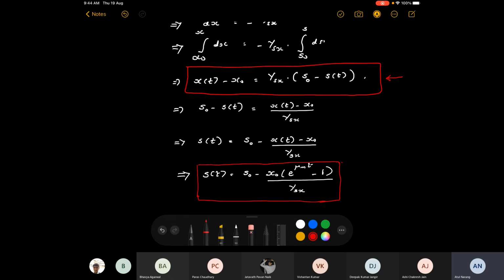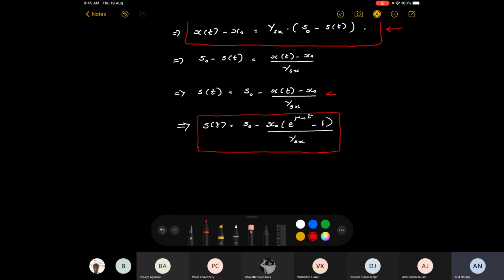So the second red equation highlighted in red implies that S0 minus S of t is equal to x of t minus x0 by Y_sx, which means that S of t is equal to S0 minus x of t minus x0 divided by Y_sx. This equation. And finally, substituting for x of t gives me this final result. Okay.